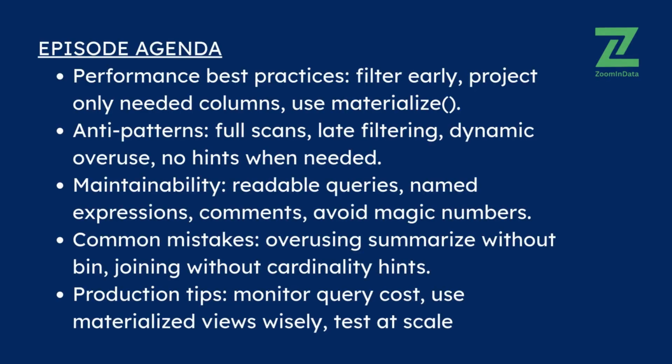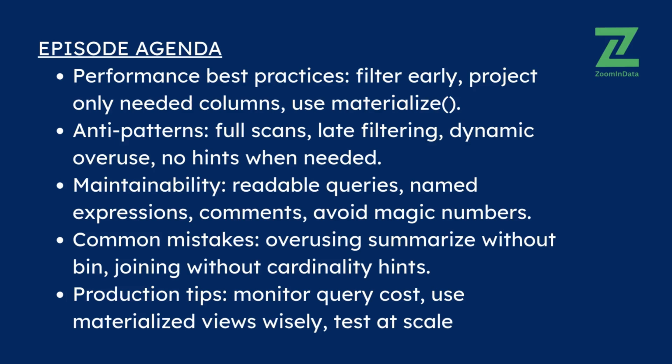Here is our roadmap for today. We will cover performance best practices: filter early, project only needed columns, use materialize for repeated subqueries. Then anti-patterns: full table scans, late filtering, dynamic column overuse, skipping hints when stats mislead. Maintainability tips: write readable queries, use named expressions with let, add comments, avoid magic numbers.